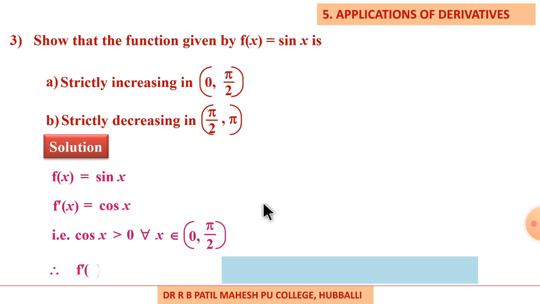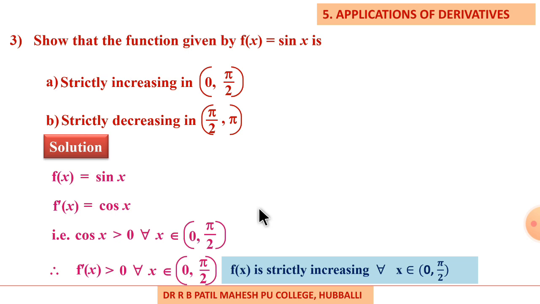Therefore f dash of x is greater than 0 for all x belongs to 0 comma pi by 2. So therefore f of x is strictly increasing for all x belongs to 0 to pi by 2.